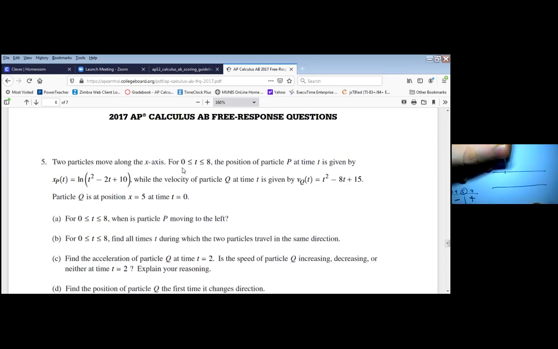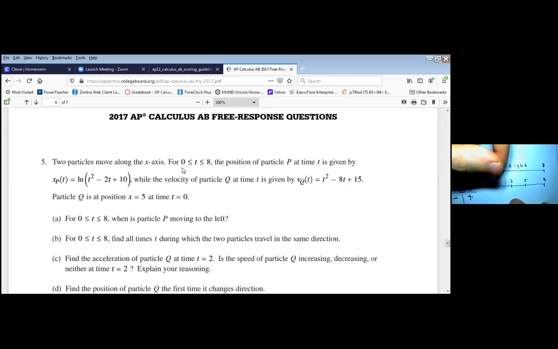So if my first one is like this, and that's going to be 0, 8. It's pretty easy to see what's going on here if you make these two number lines. And then the other one from 0 to 3, 3 to 5, 5 to 8.